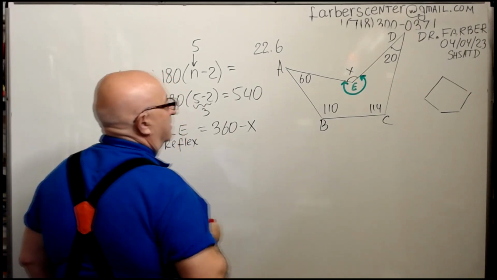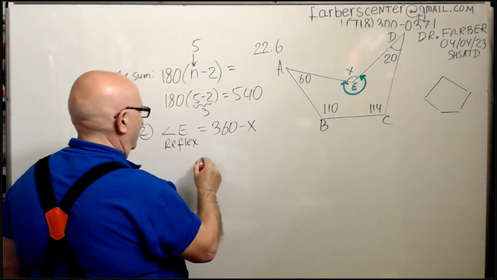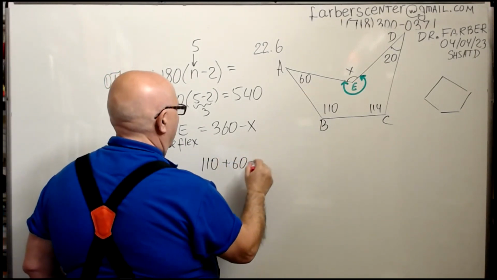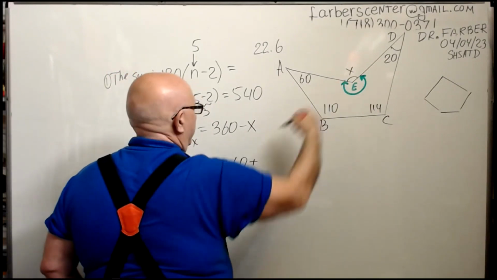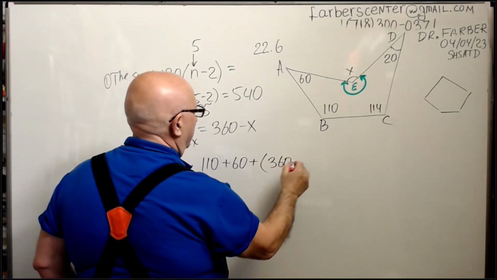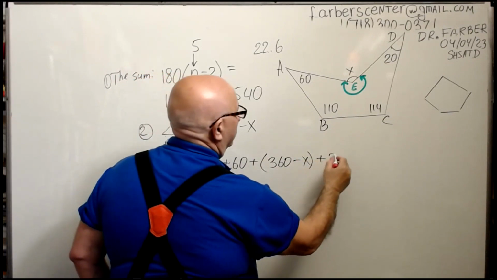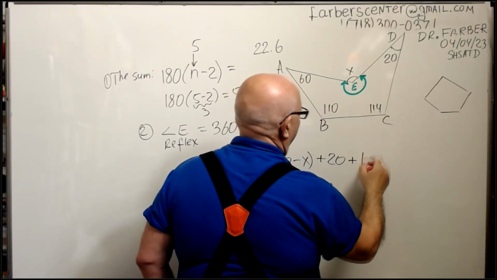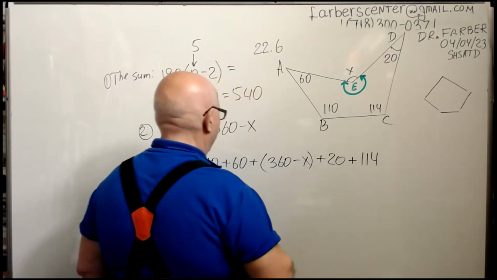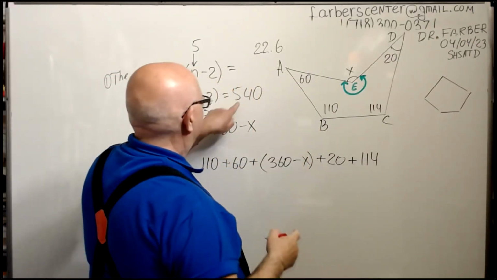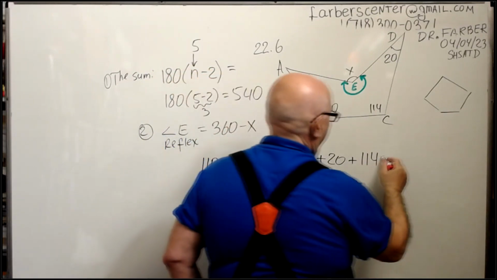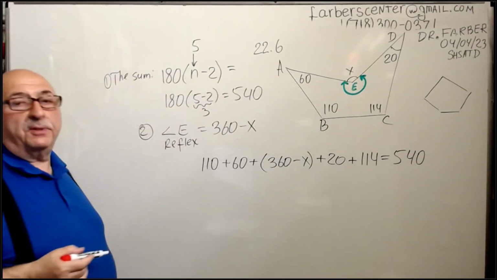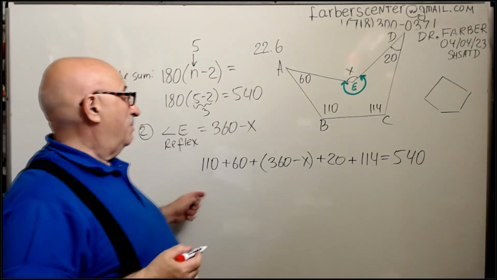If I start from here: 110 plus 60 plus this E, 360 minus x, plus 20 plus 114. This is already used. It's supposed to equal 540. Why? Because it's the total of interior angles of any polygon. So far so good. So combine like terms and find x.